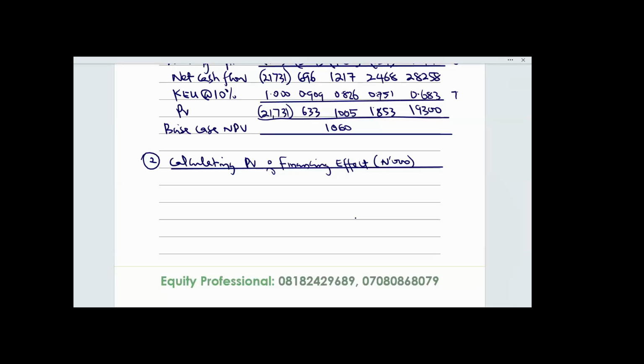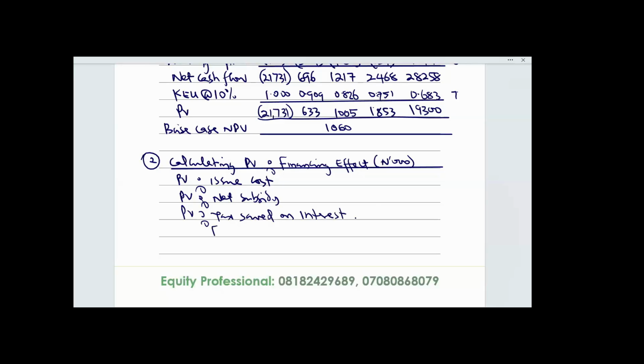Therefore, I can then calculate my PV. I need to calculate PV of issue cost. I will calculate PV of net subsidy. Then finally, I will calculate PV of tax saved on interest.